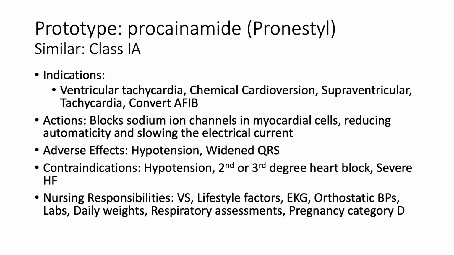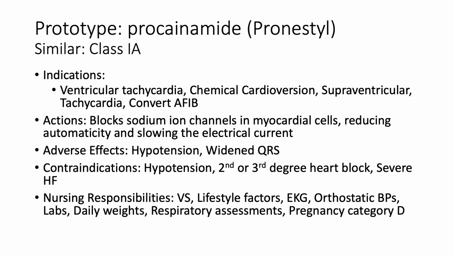So procainamide, I don't think it's important to know that within each class there's A's, B's, and C's. I think if you just understand the drug and that it's an antiarrhythmic and that it's used for certain conditions, you're in good shape.